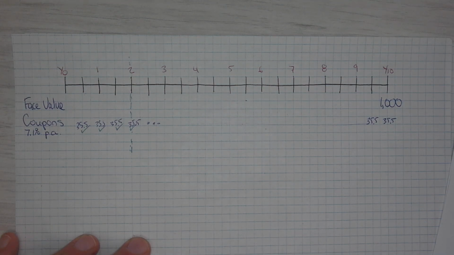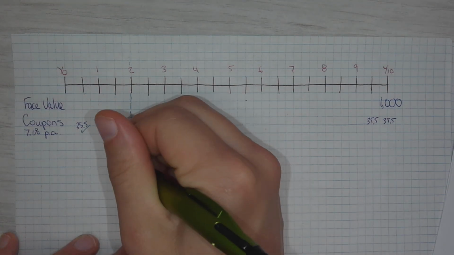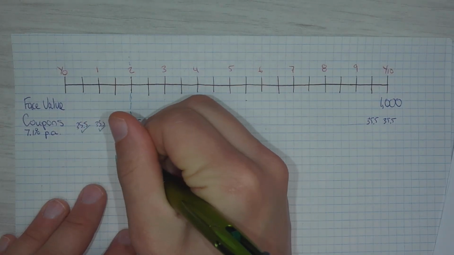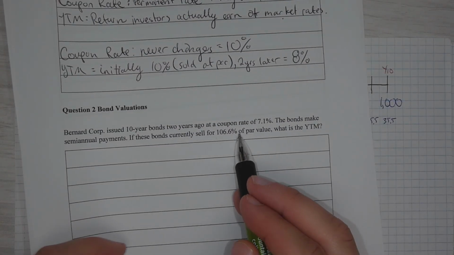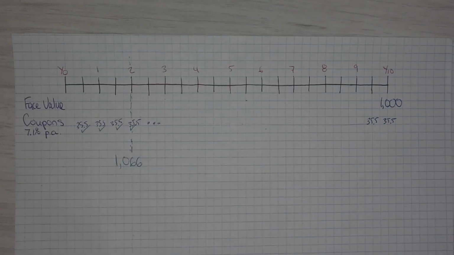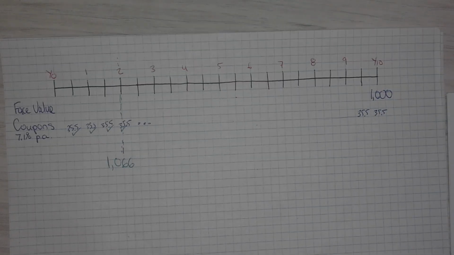And we have the bond, this is worth $1,066 because that is 106.6% of the $1,000 that we set the face value at. So 1,066.